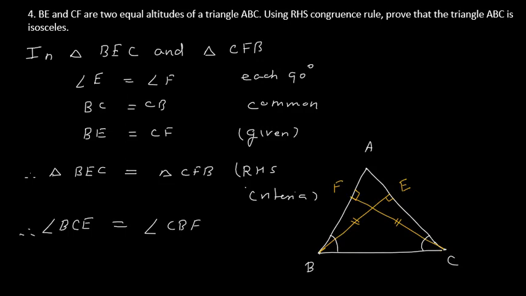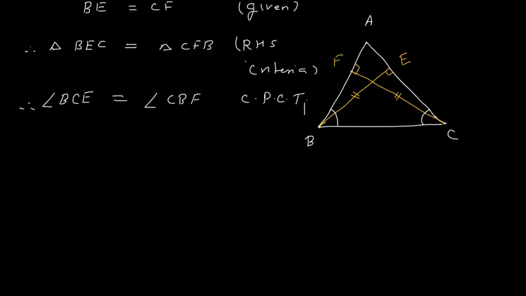They are corresponding parts of congruent triangles. Now, as in triangle ABC, opposite angles are equal, so the triangle is an isosceles triangle. This is our converse. Okay. So therefore, triangle ABC is an isosceles triangle. Reason is the converse of the isosceles triangle theorem.